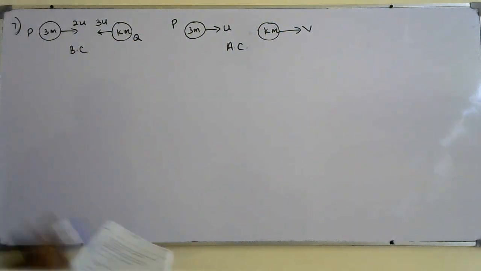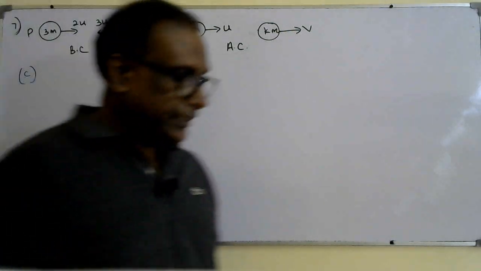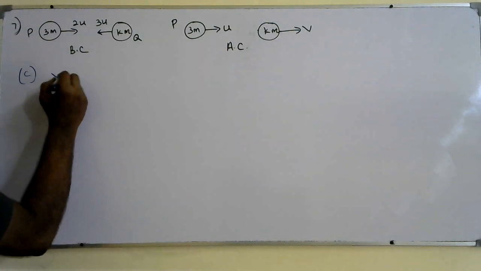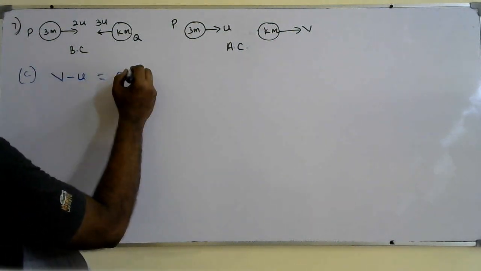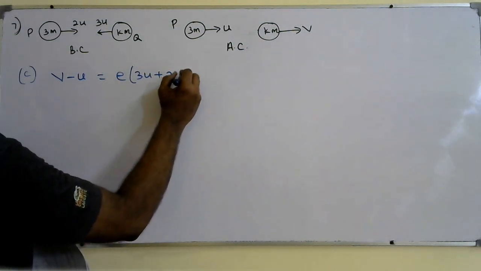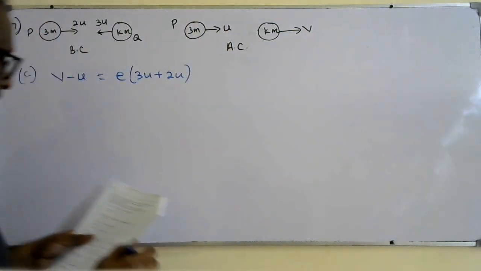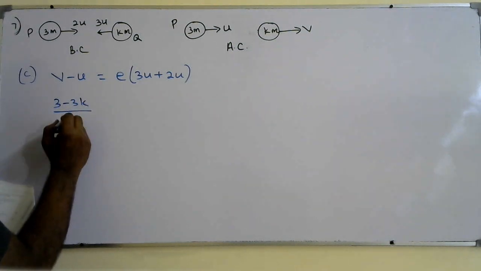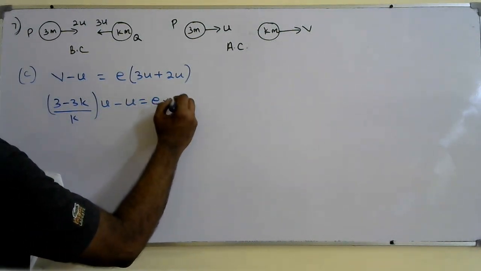So we'll use Newton's experimental results for impact. Relative speed of separation means V minus U. V minus U is equal to E times relative speed of approach. They are moving in opposite directions, so that is 3U plus 2U. We found V in part A, so that is (3 minus 3K) over K times U, minus U, is equal to E times 5U.